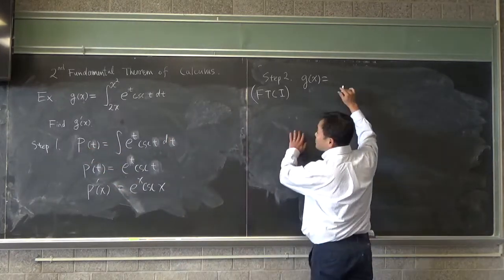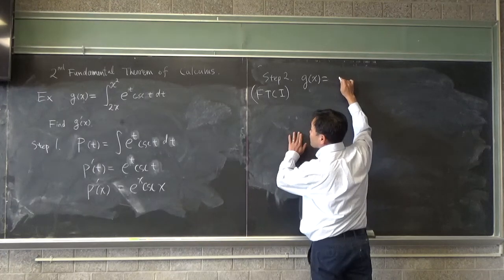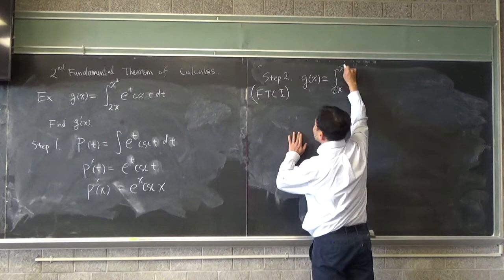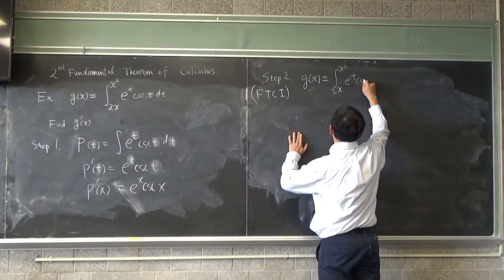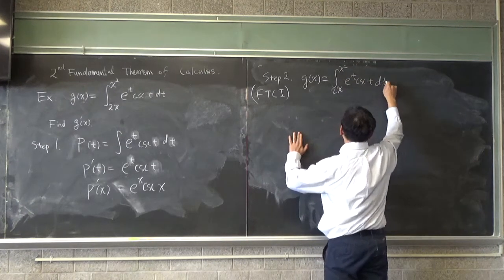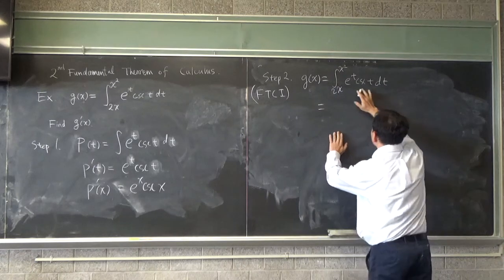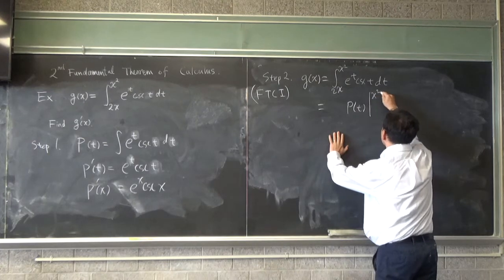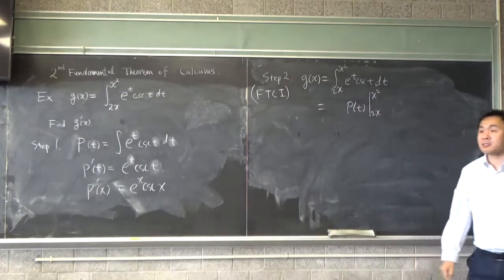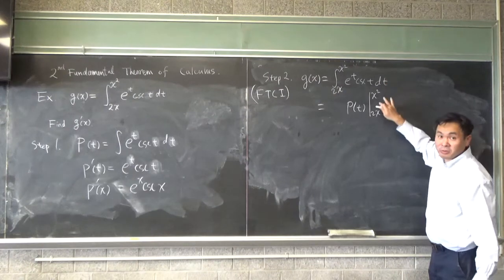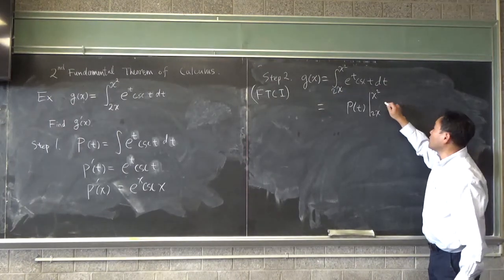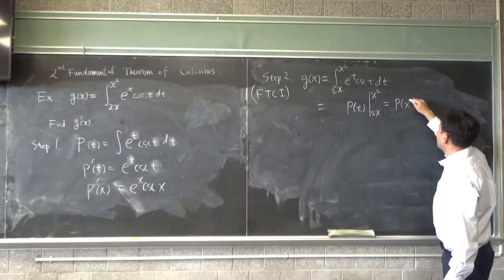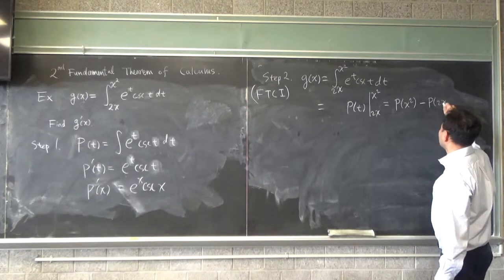So if we do know p of t, then we take the integral from 2x to x squared of e to the t cosecant of t dt. You write its antiderivative, and you plug in the 2 endpoints. That's fundamental theorem of calculus. And then you write out what that means. It means p of x squared minus p of 2x.